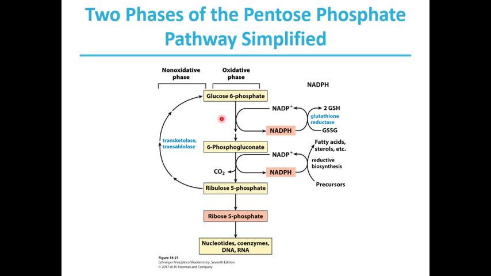And the reason for this non-oxidative phase, which is catalyzed by transketolase and transaldolase, is to continue the production of NADPH and converting glucose-6 phosphate into carbon dioxide in glycolysis. So 2 different phases, non-oxidative and oxidative phase, complete the pentose phosphate pathway.